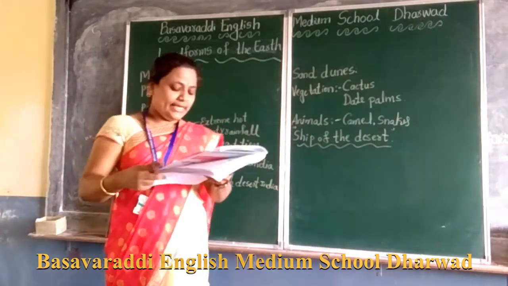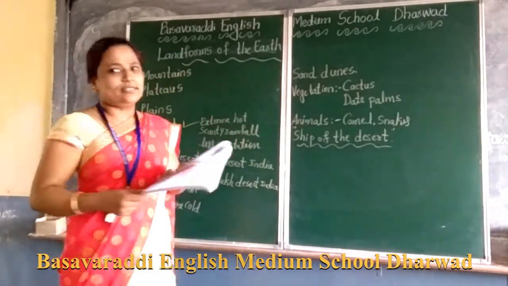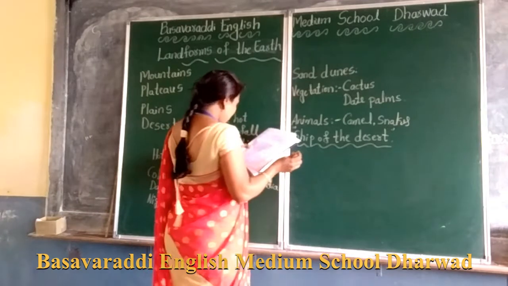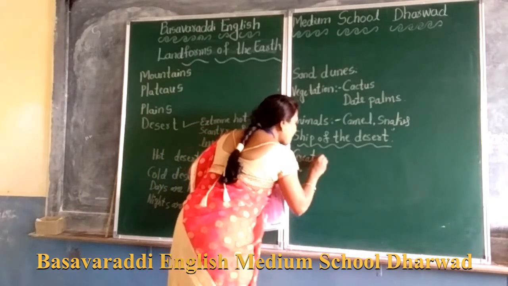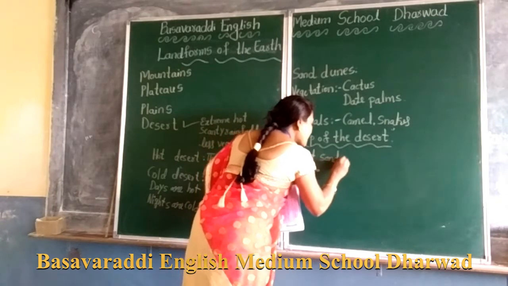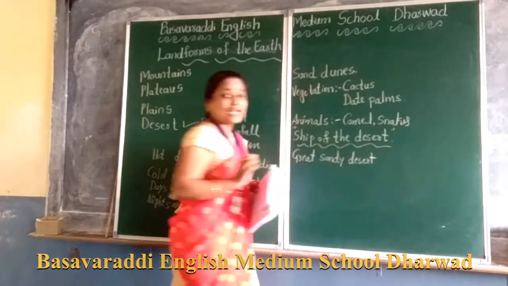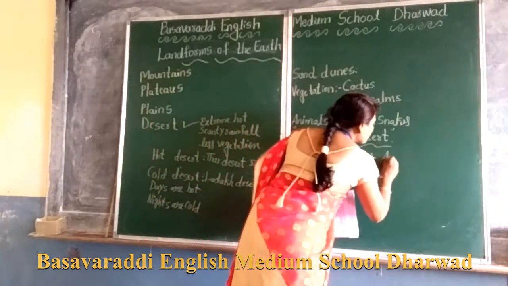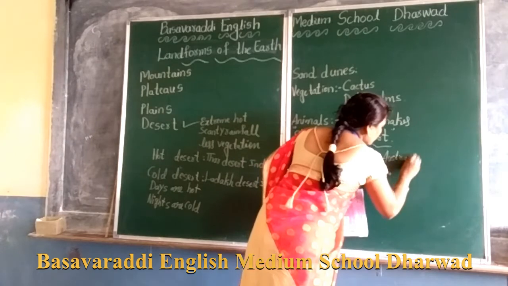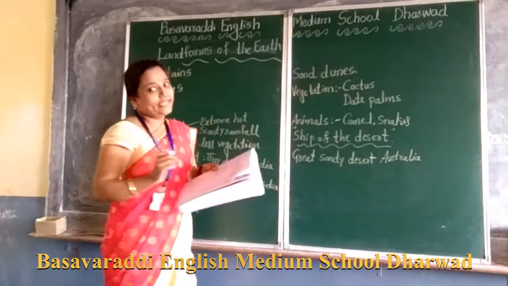Next, what are the important deserts? Let's discuss. Great Sandy Desert in Australia. Next, Thar Desert in India.